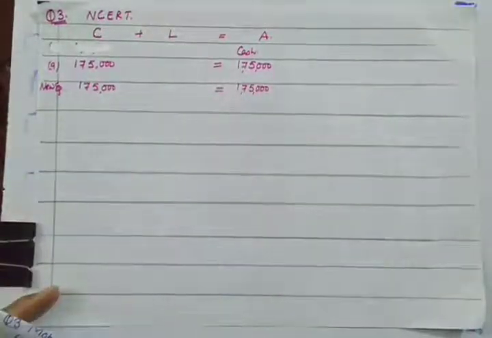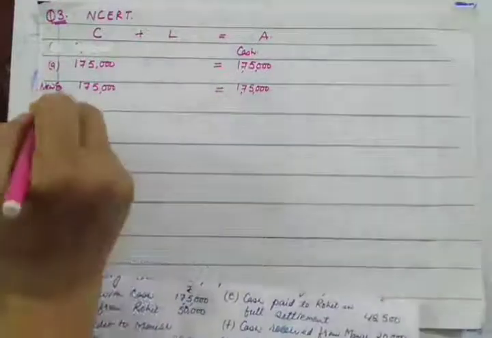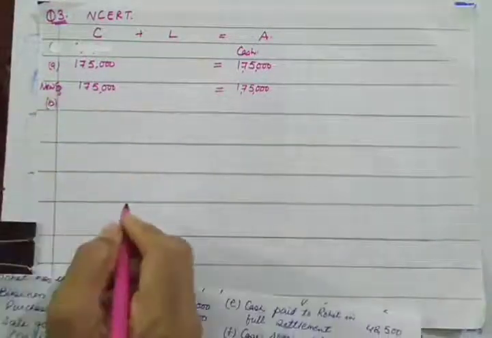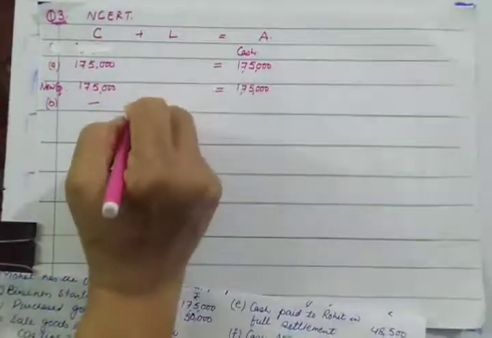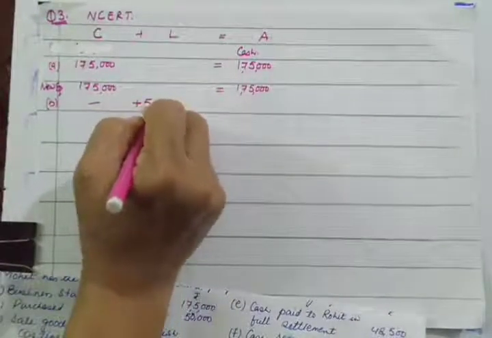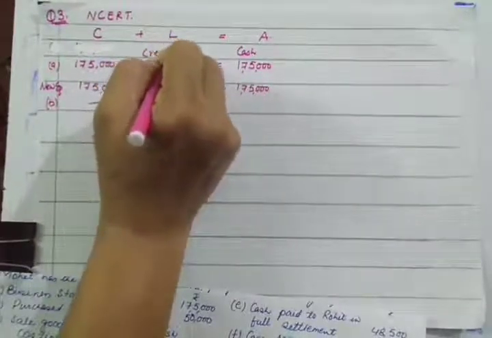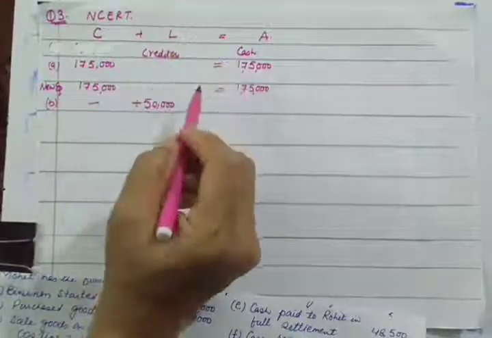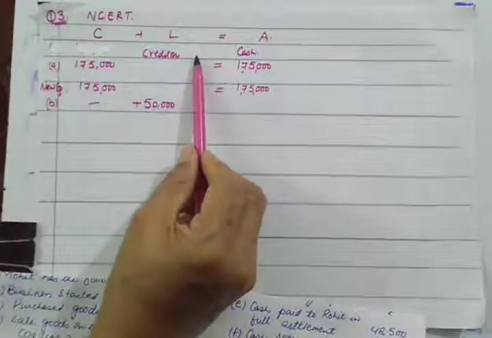Now next, purchase goods from Rohit. You are buying goods on credit. So no change here, but here a liability of 50,000. What is the name of this liability? These are your creditors. See, here also you will have different varieties of liabilities like bank loan, salary outstanding.